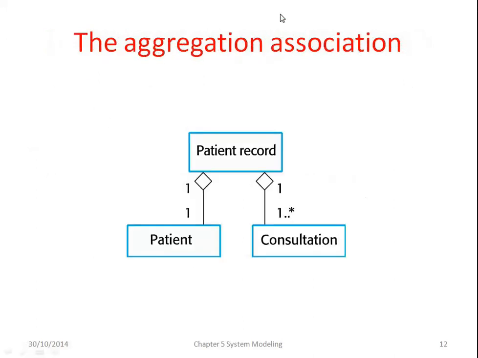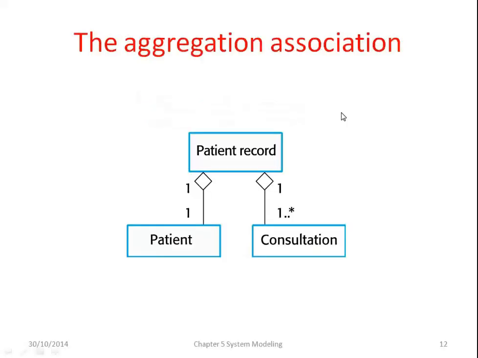In the given diagram, the aggregation association has two classes: one is the patient, another is the consultation, and the relation is one-to-one association of the patient record class. So these two classes are composed into the patient class, which is called an aggregation association, one-to-one.